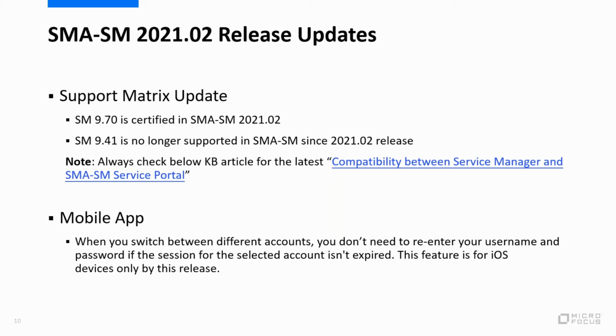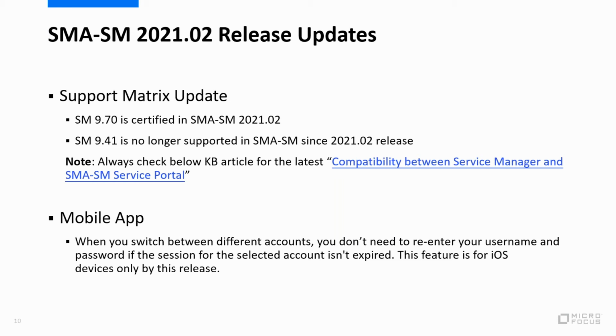In order to support Service Manager 9.70, we do need some product-level changes to support this new technical platform. And we need to repackage some components in the SMA-SM service portal to make it compatible with Service Manager 9.70.